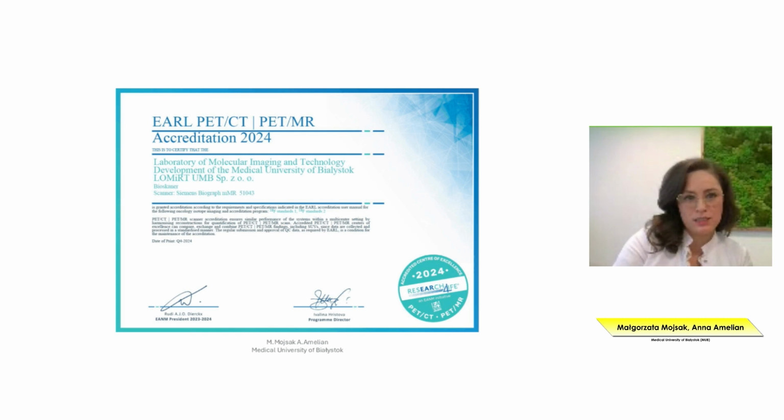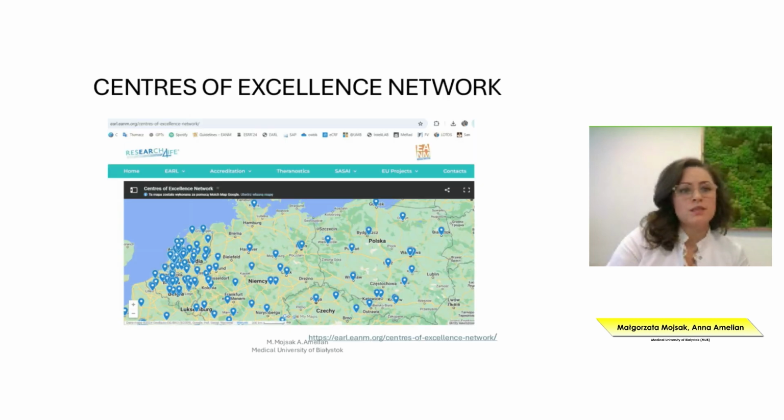So here we can see the certificate for accreditation, which is provided for a particular institution and a particular scanner. Here you can see the name of the scanner along with its individual ID number. As I said, we need to provide all the images 4 times a year.